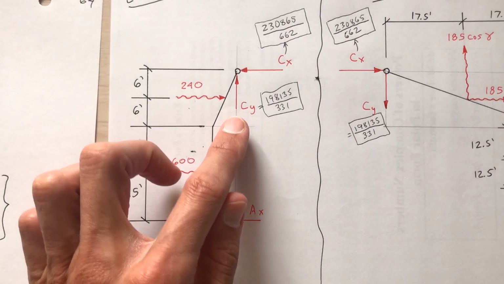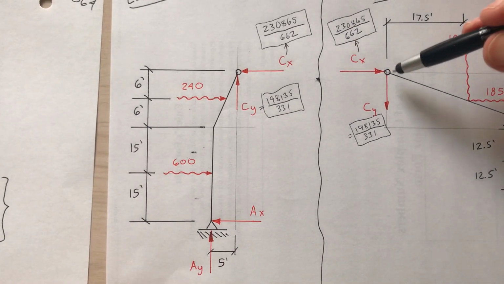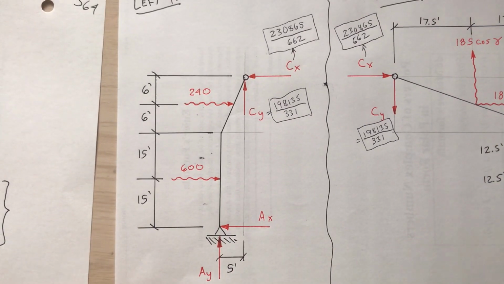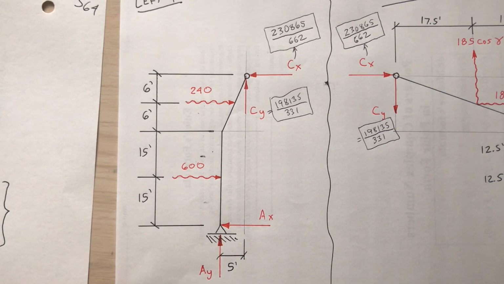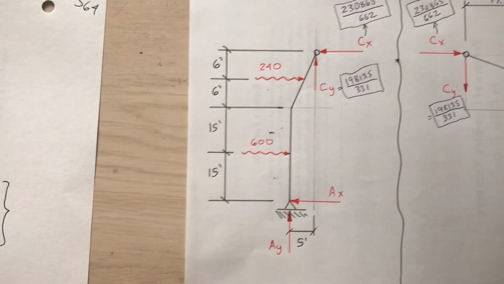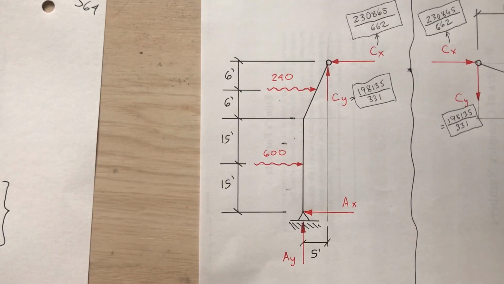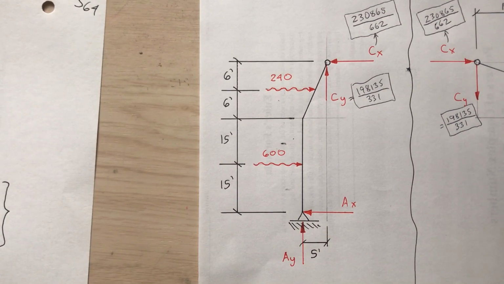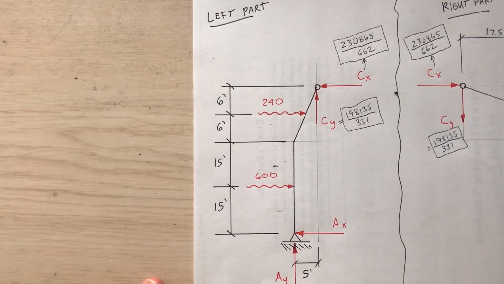For the left, I've got C sub y going up. For the right, I've got it going down. So be careful when you cut a structure at a hinge like that, you're going to have equal but opposite reactions like you see there. Okay, what good does this do me? Let me go back to the left portion. Do I have enough information to find A sub x and A sub y? I sure do, so that's what I'm going to do.